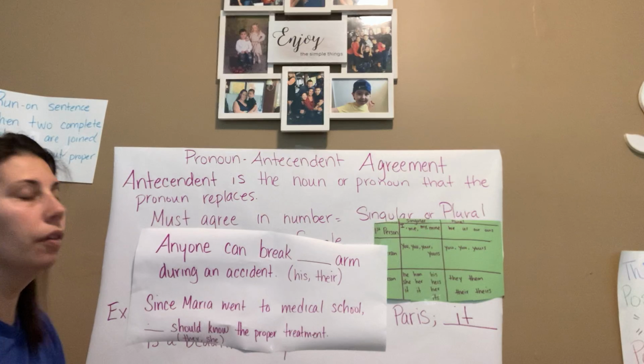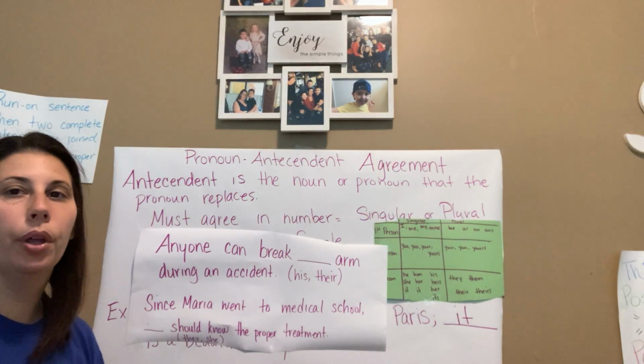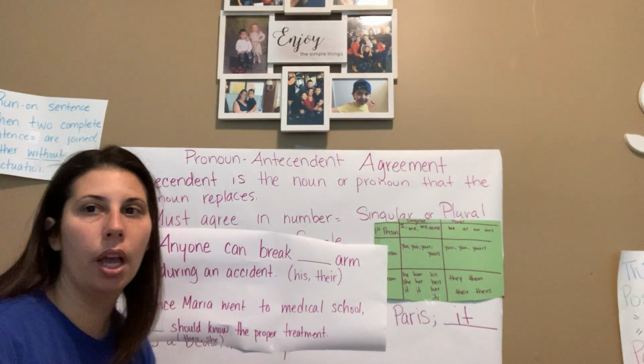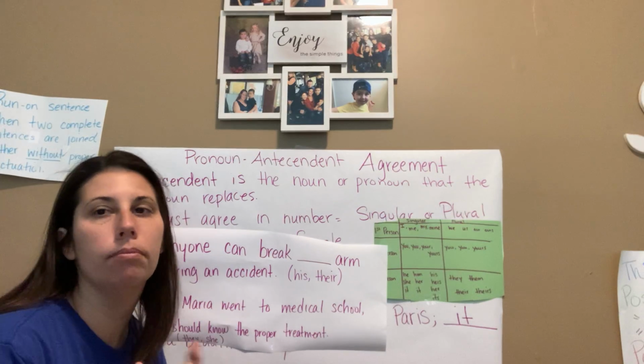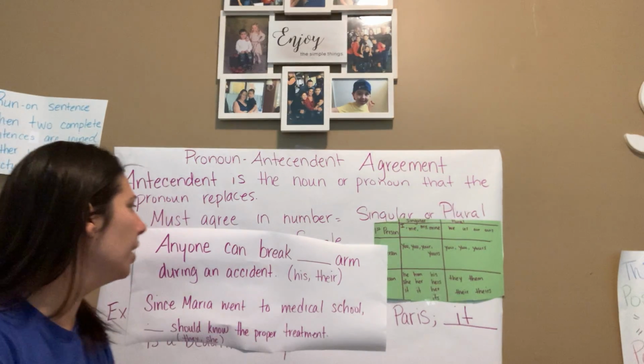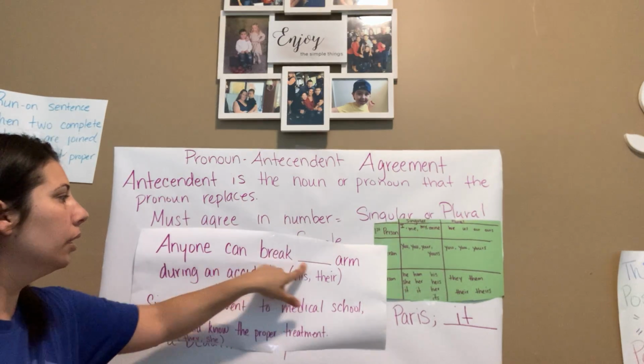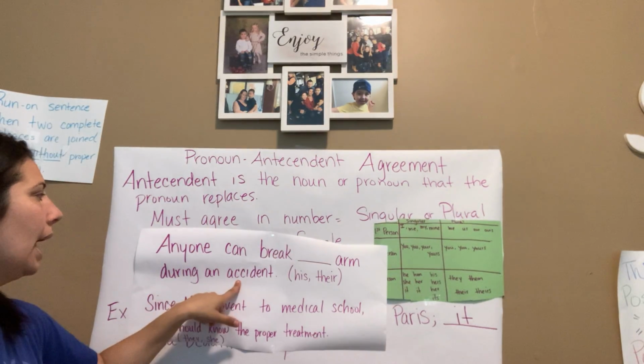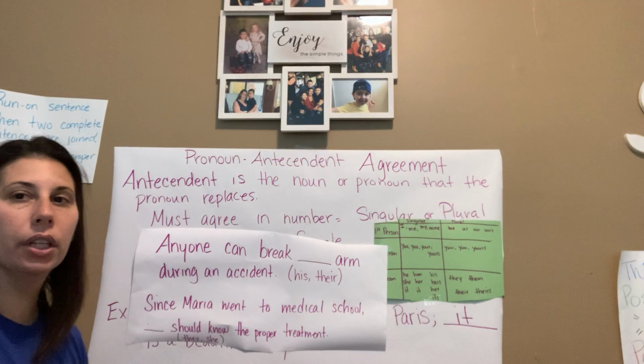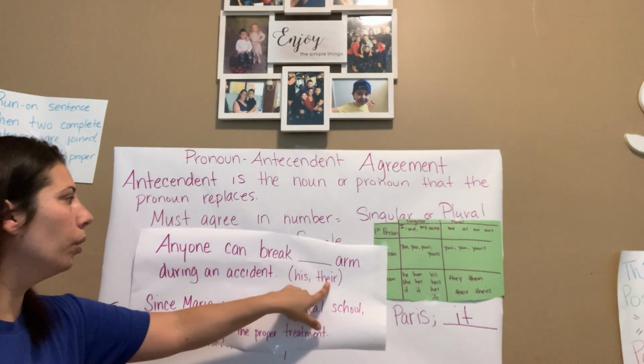sometimes we get a little bit confused when the examples aren't just girl, boy, multiple people, singular kind of a thing. So in this example, anyone can break blank arm during an accident. So your answer choices are his or their.